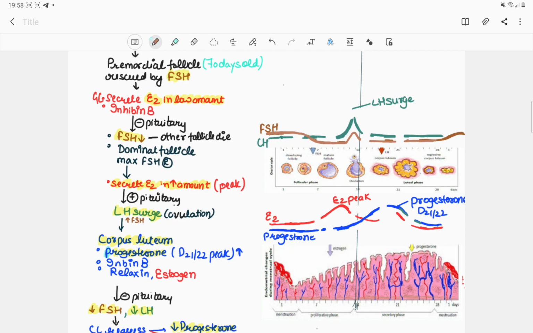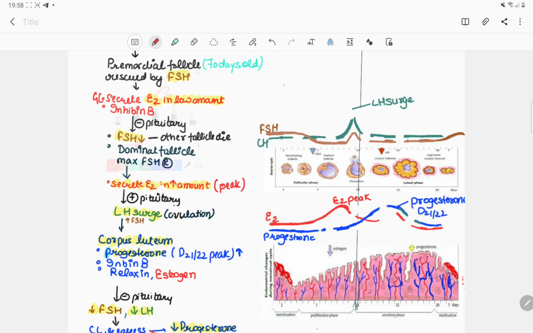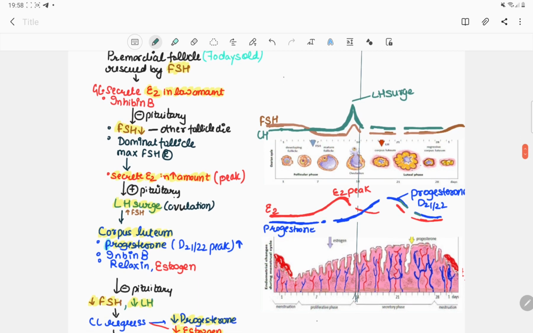And this dominant follicle will release estrogen in high amount, leading to the estrogen peak. This will send positive feedback to the pituitary, and this will lead to the LH surge and rise in the FSH level. And after the LH surge, ovulation will take place on day 14 of the cycle.